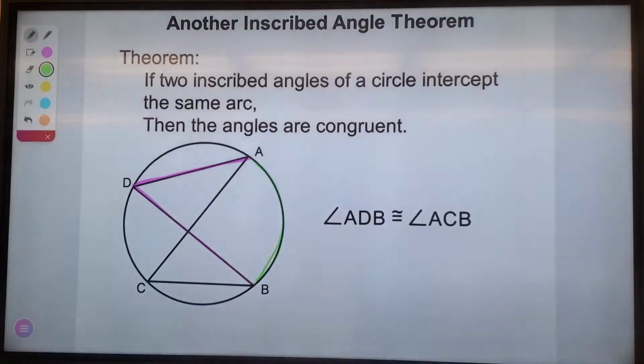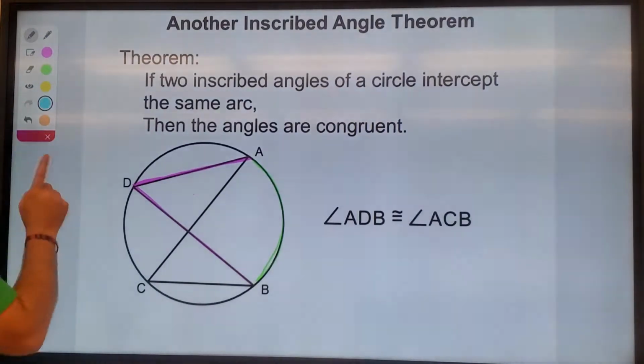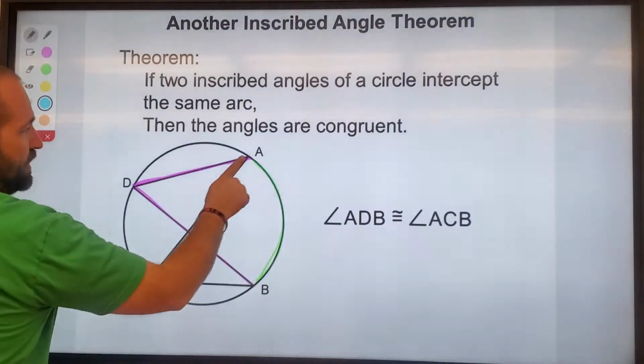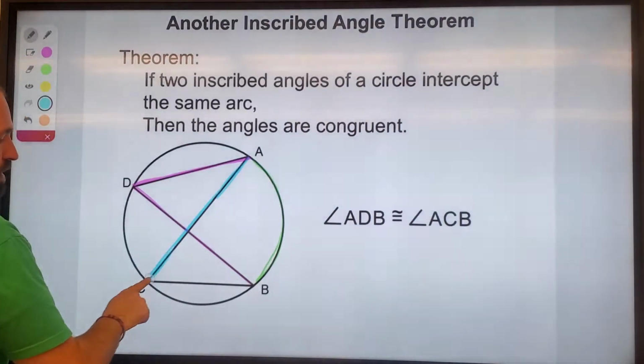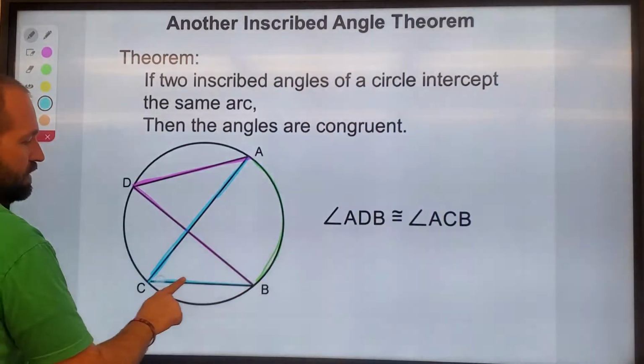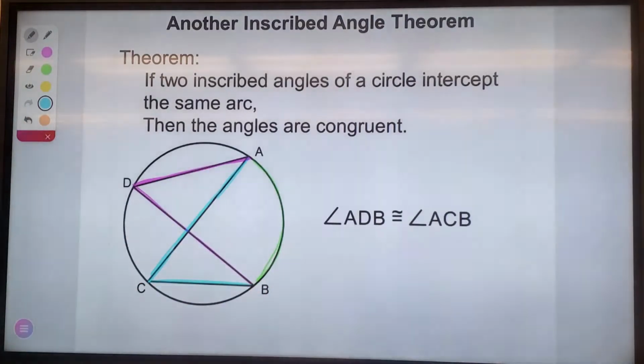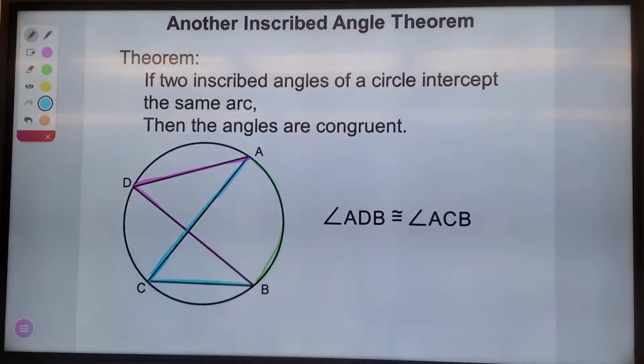Okay, that's the arc that comes between them. However, if I pay attention to the diagram here, I also have this chord and this chord that also have the same intercepted arc.